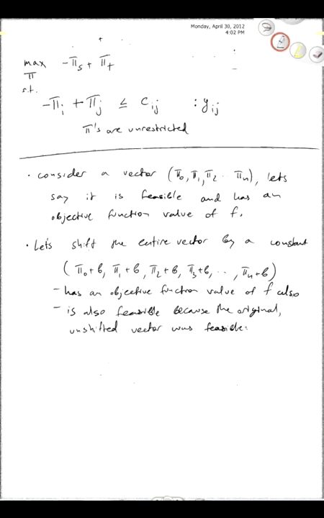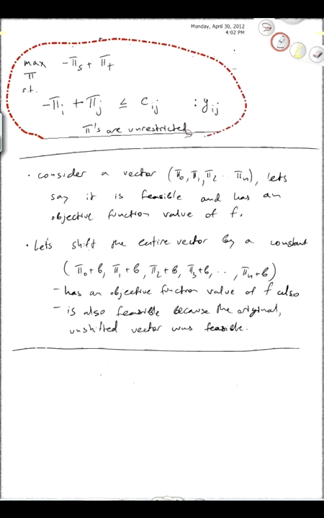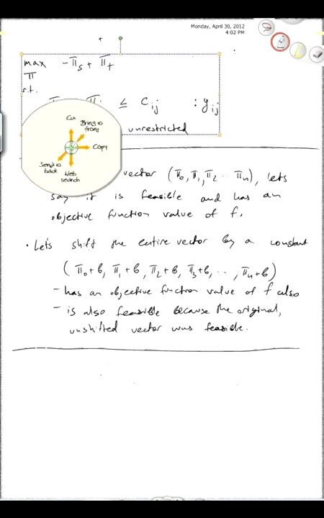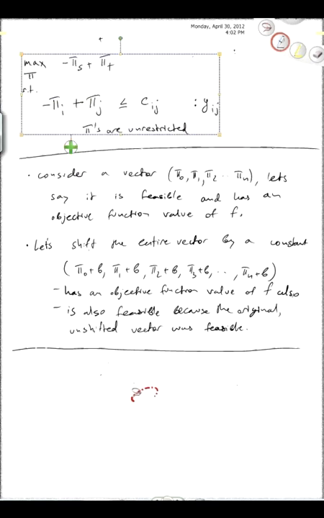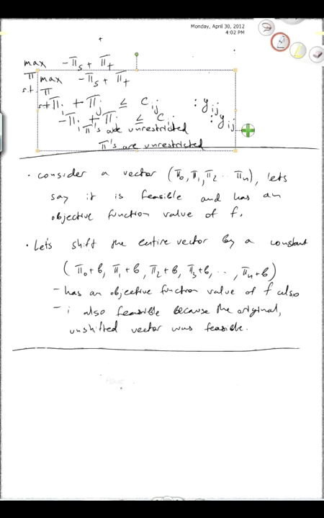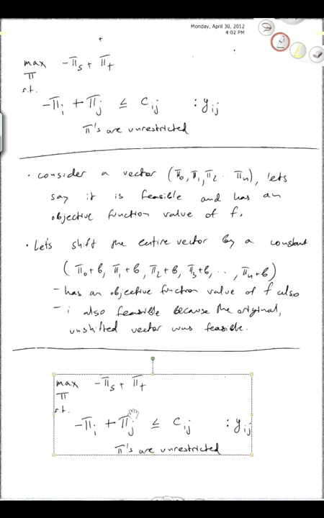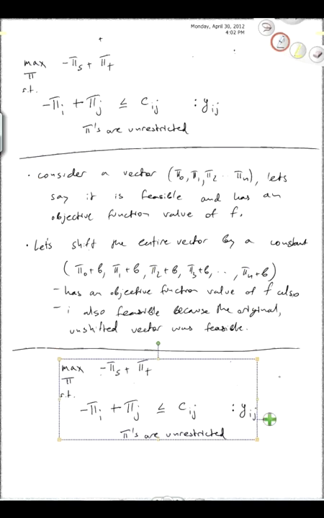And so what we're going to do here is get rid of this extra degree of freedom by taking this linear program and throwing in the constraint pi s equals 0.